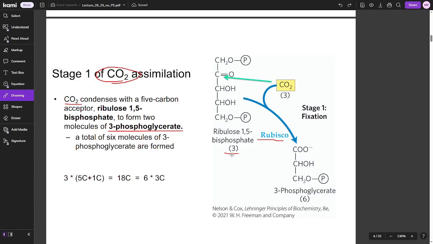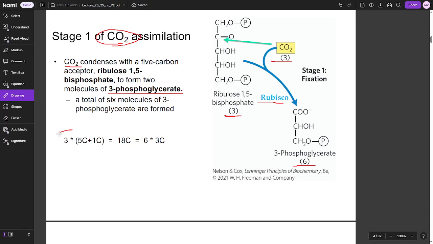We put 3 of these in, and we get 6 of these 3-phosphoglycerates out, which should make sense. All you're doing is taking these 5 carbon sugars, slapping an extra carbon on each of them, so you have 18 carbons total, and then splitting them into 6 different pieces. So you end up with 6 3-phosphoglycerates. And they show you the math here.